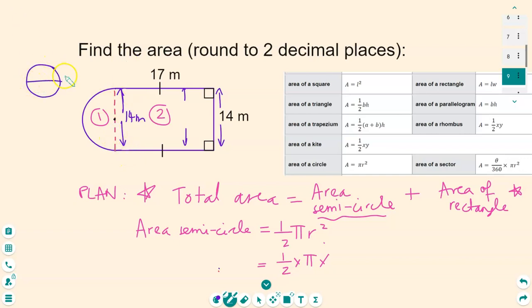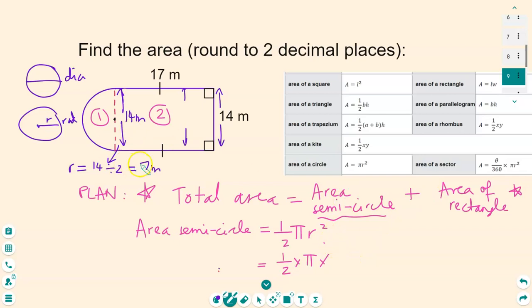Remember, diameter is the full way across. The radius r is halfway across. So you might want to put a little calculation on your diagram. Radius is 14 divided by 2, 7 meters.